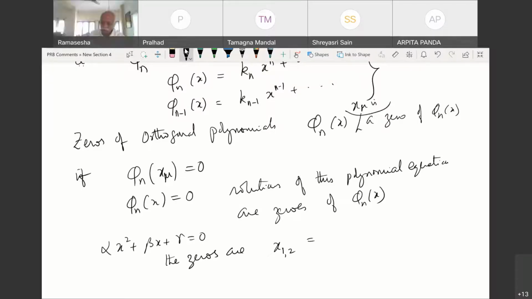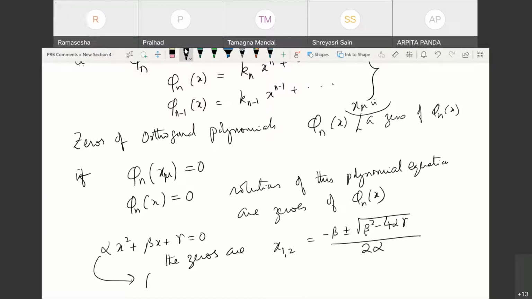That is, the solutions of this quadratic equation will be the zeros of this polynomial. So in general, for any polynomial, you can get the zeros, which means that you can write this as x minus x1 times x minus x2. So zeros of a polynomial.